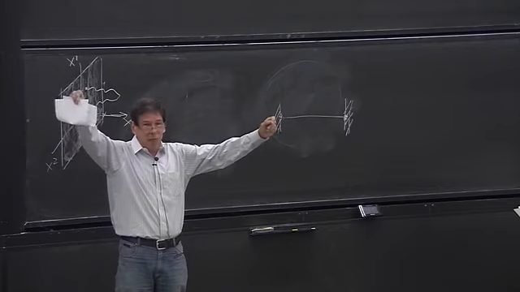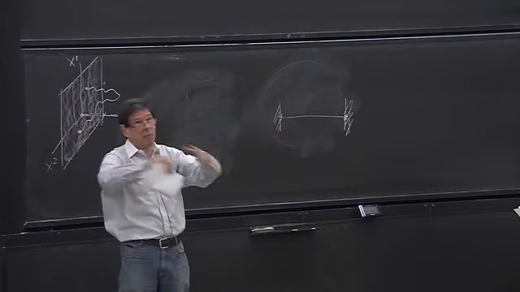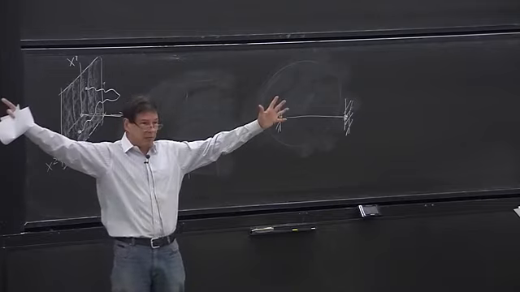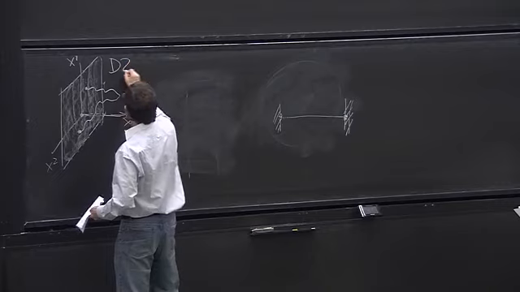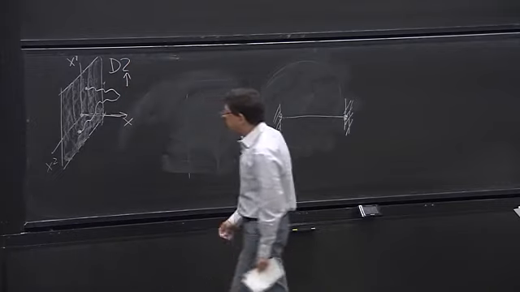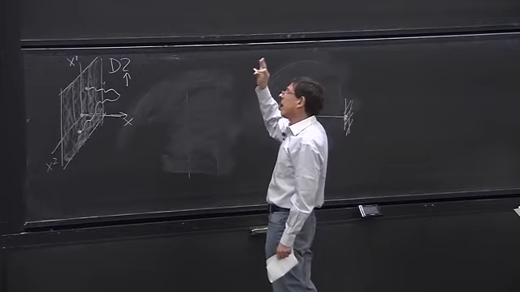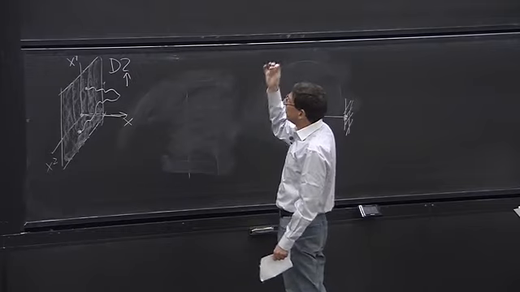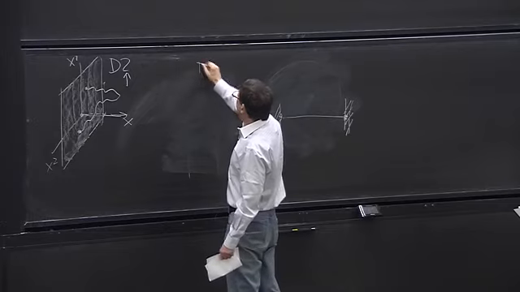Because the open string endpoints must stay on the D-brane, if they're free to move, it must be because the D-brane is space filling. This would be called a D2 brane because it has two spatial dimensions. Now, before we get to the issue that string theory has 10 dimensions or whatever, you can think of D3 branes.